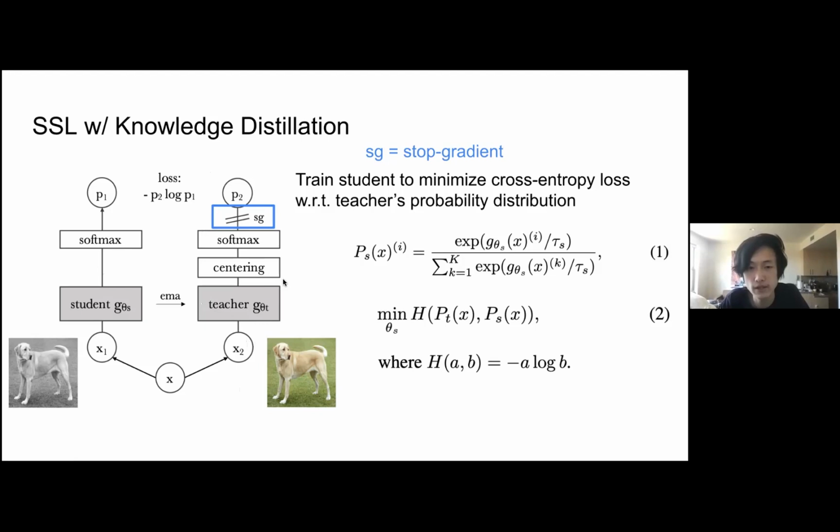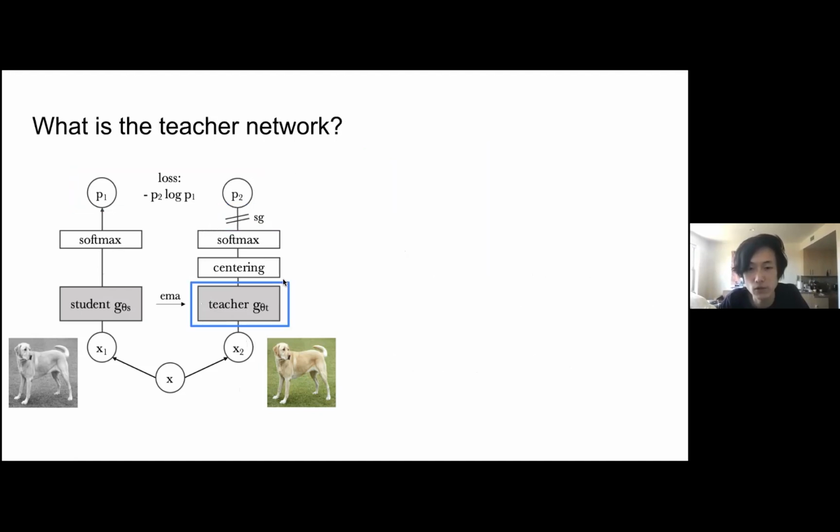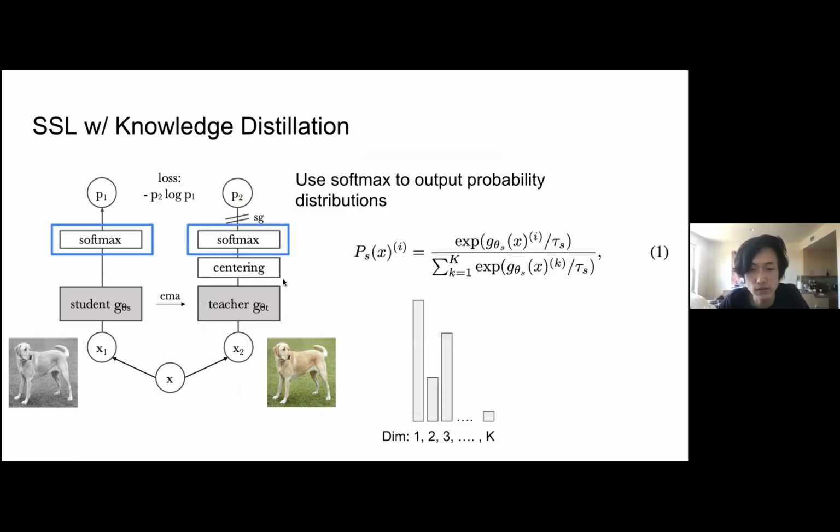This centering is, if we go back to this, imagine this is a distribution for the student. I forget exactly what centering is trying to do, but they do these two things, centering and sharpening. I think centering is trying to prevent the distribution output from the teacher network from being too dominated in one dimension.